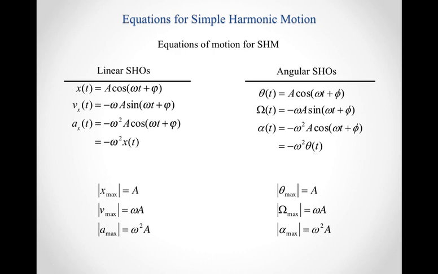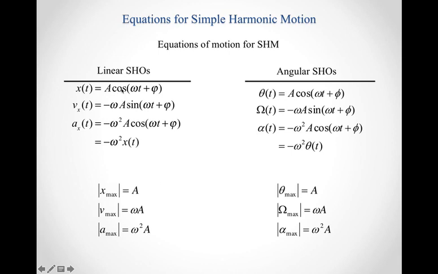We'll talk a little bit more about this in the next video, but this relationship that relates the x component of the acceleration to the linear displacement, or the angular acceleration to the angular displacement, defines simple harmonic motion.